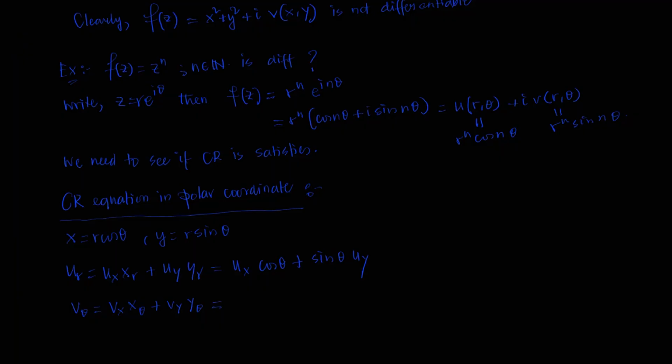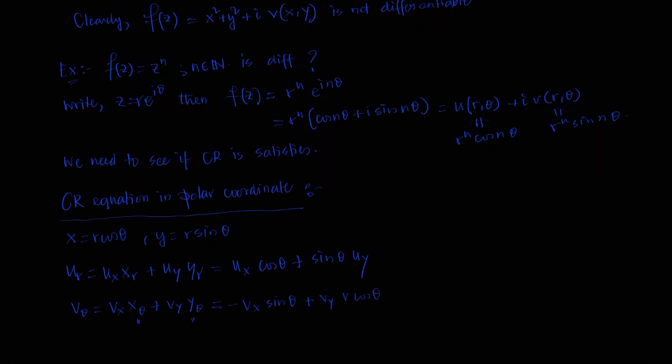This is again given by minus. So you see, we are going to write what is x theta and what is y theta. So that will be minus vx r sine theta plus vy r cosine theta.